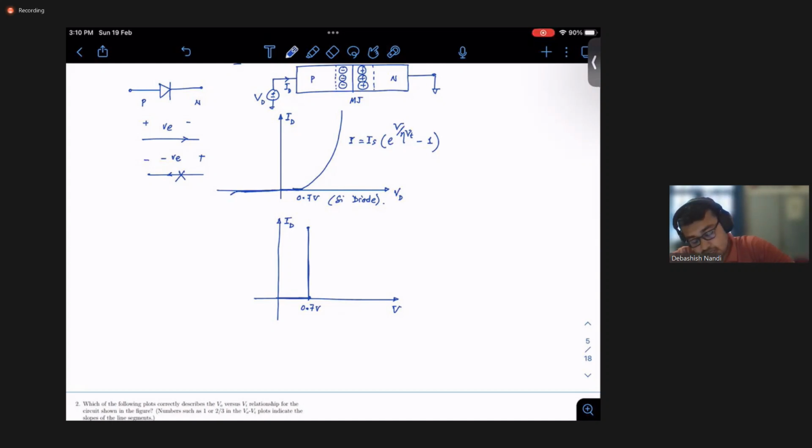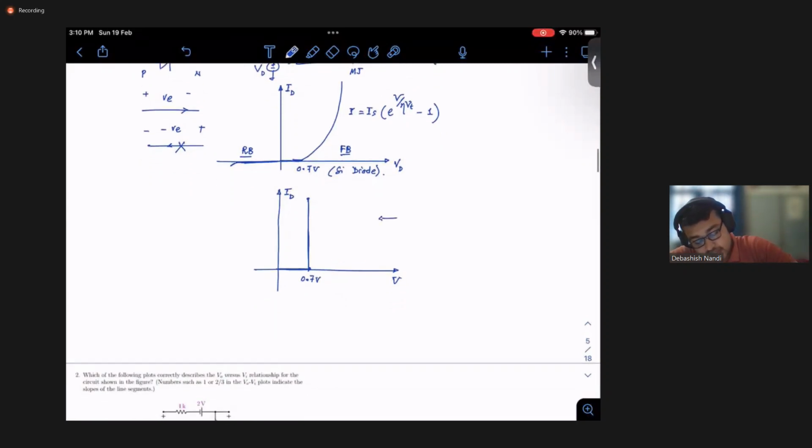This is called reverse bias, this is called forward bias, right? When your voltage across the P to N terminal is positive. So this simplification is called the constant voltage drop model.